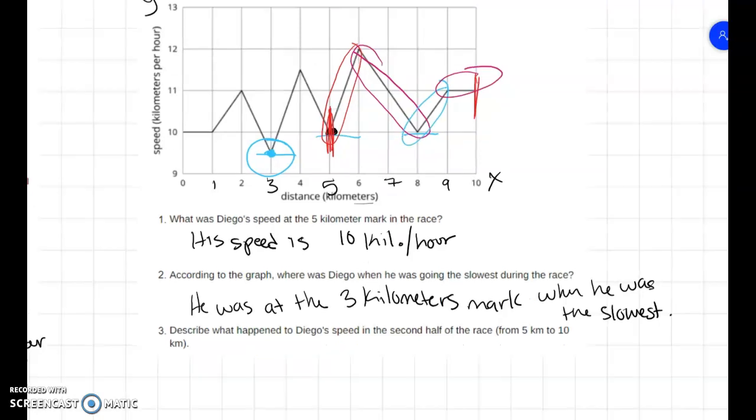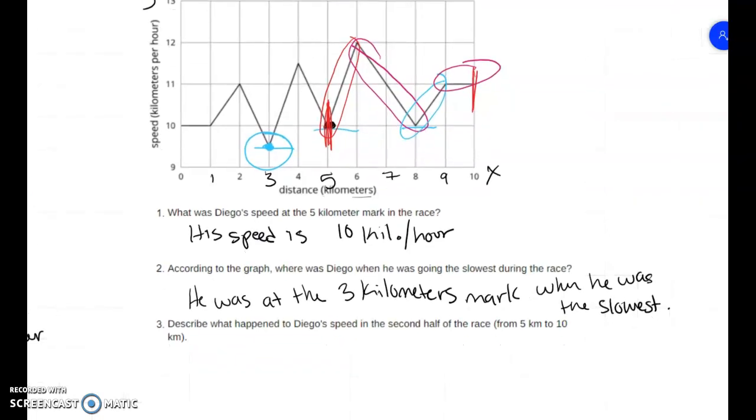So make sure you include all of these. So the first part here, we can say from 5 to 6 kilometers, he was increasing his speed.